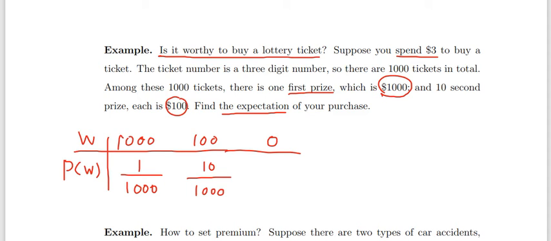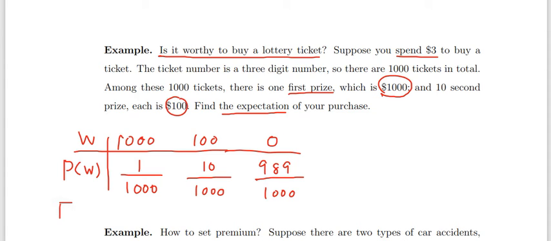Then the chance you win nothing: we want all the probabilities together to be 1, so here 1 plus 10 is 11, so it should be 989. Plus 11 becomes 1,000, yes. So from here, we can find the expectation.